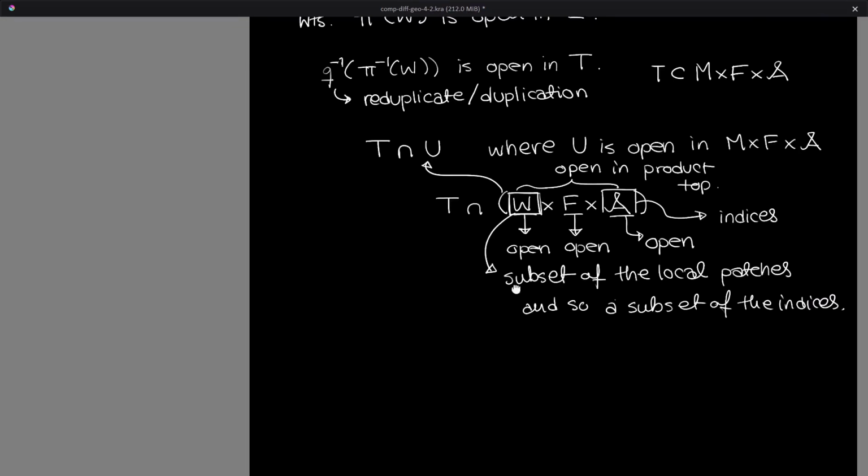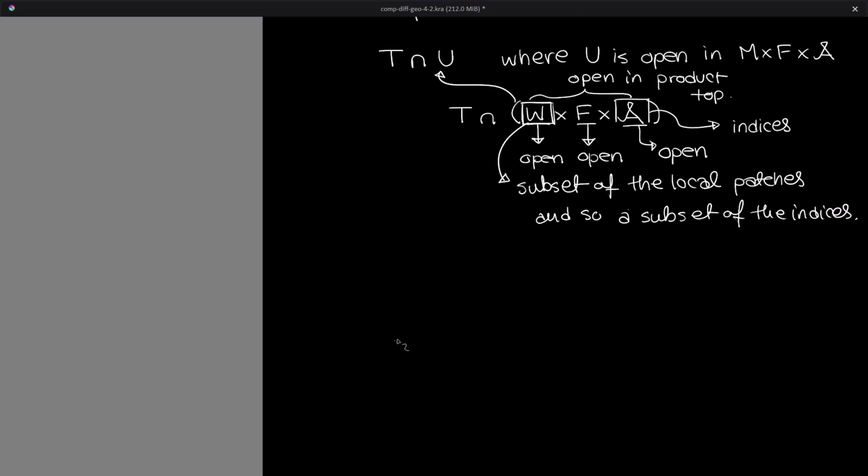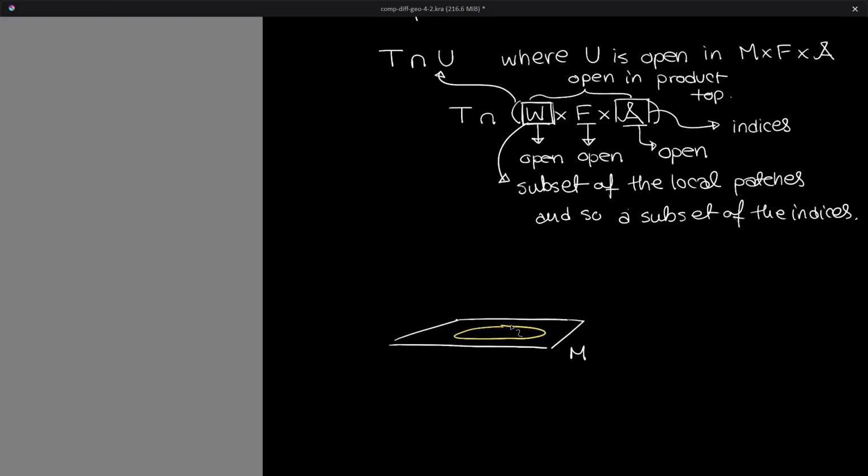But notice what this set, Q inverse of pi inverse of W, is. If this is M and this is W, then pi inverse of W: pi of some point in E will give us its base point.